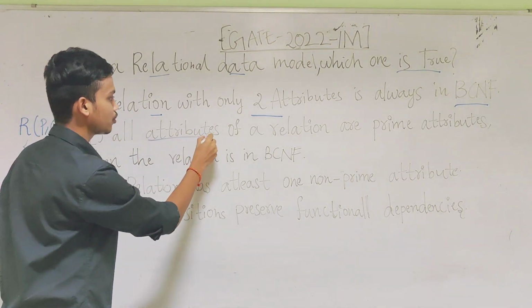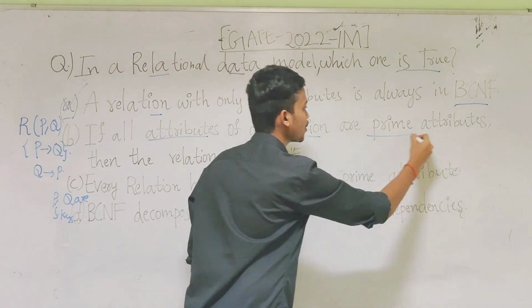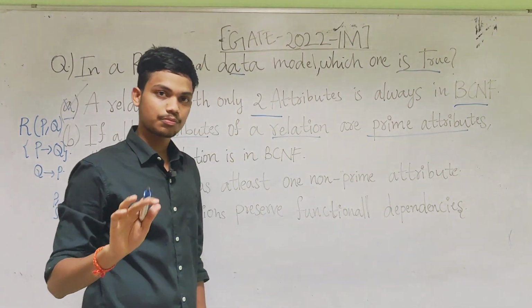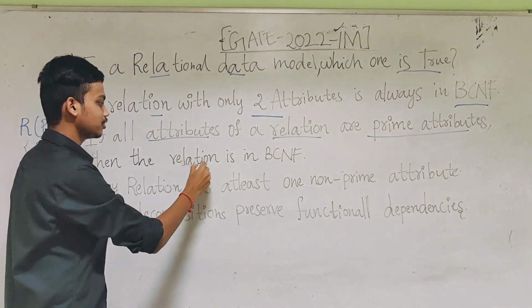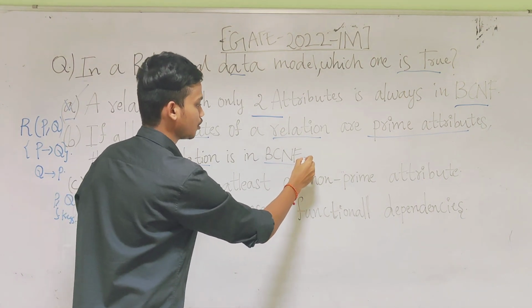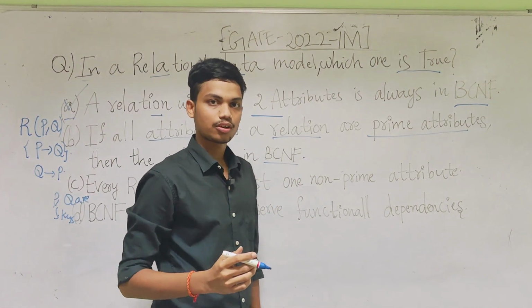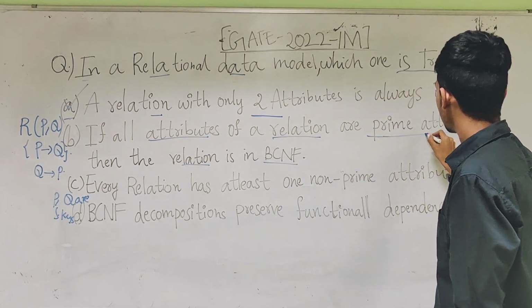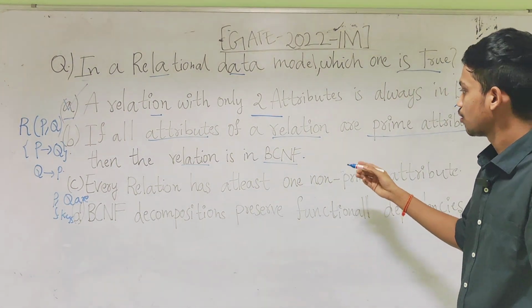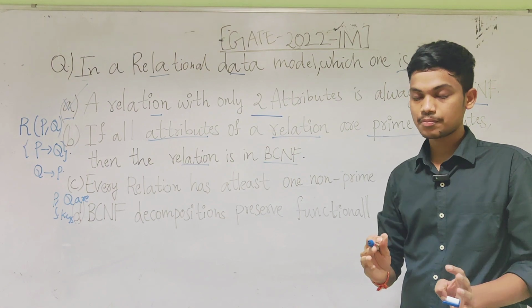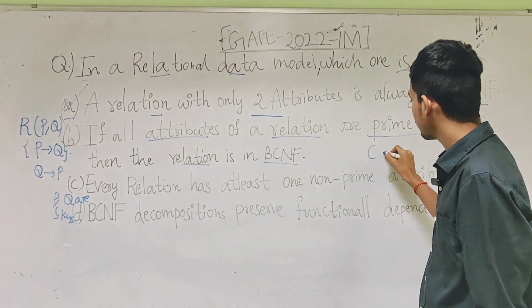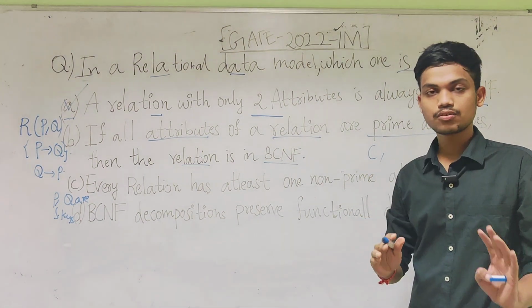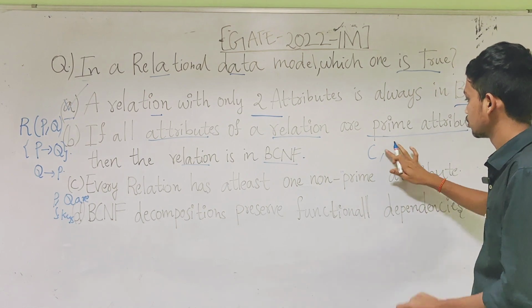If all attributes of a relation are prime attributes, then the relation is in BCNF. We can't say that. Now you check why we can say that or not. Prime attributes means all the candidate keys can be obtained from the prime attributes.